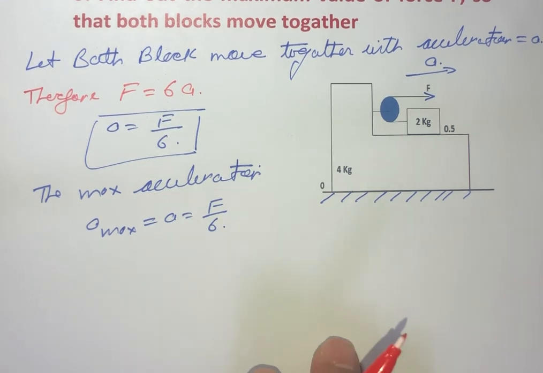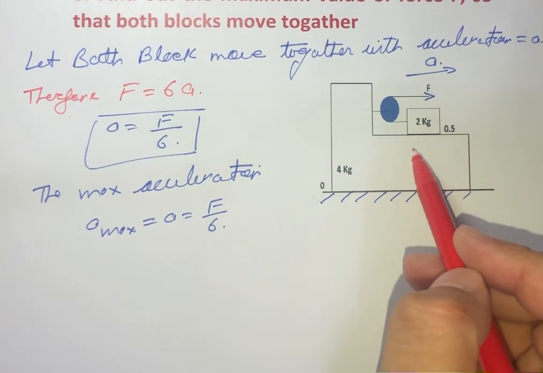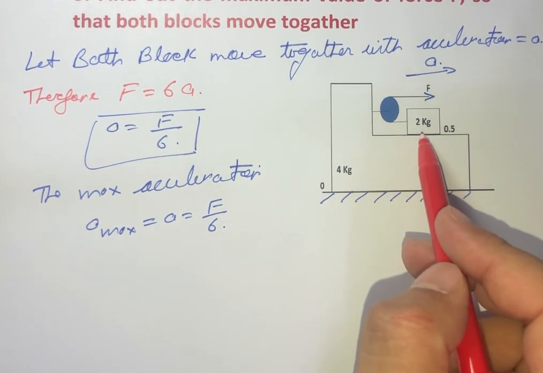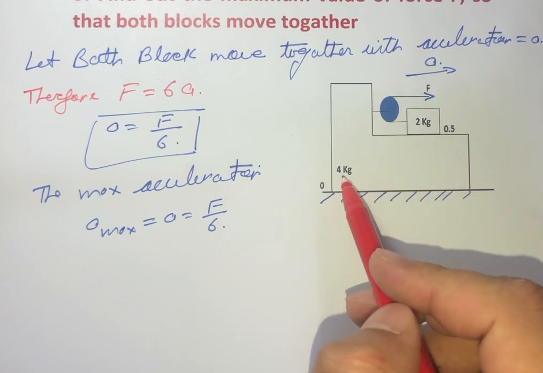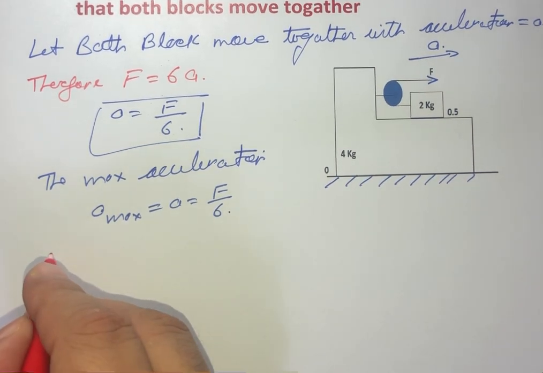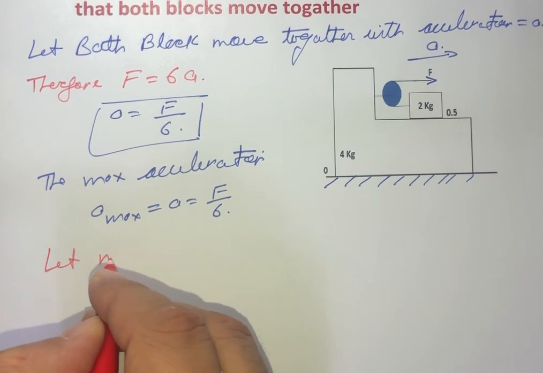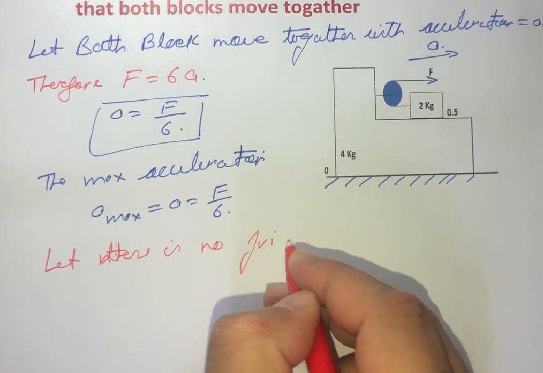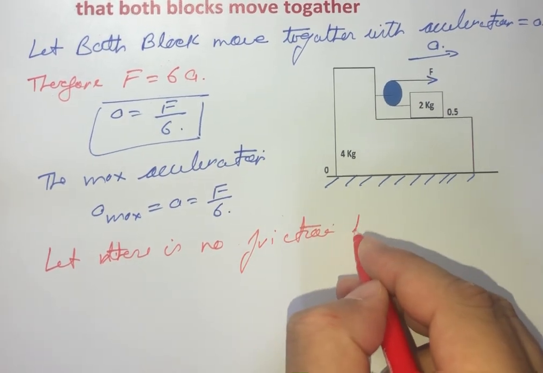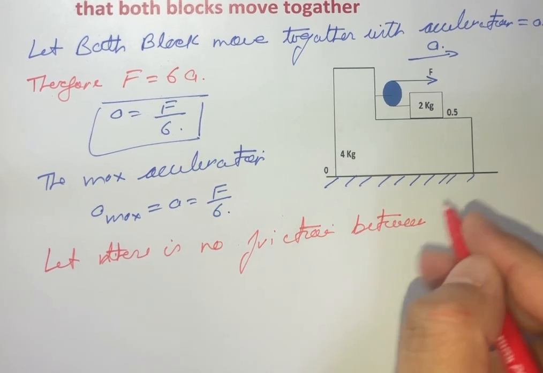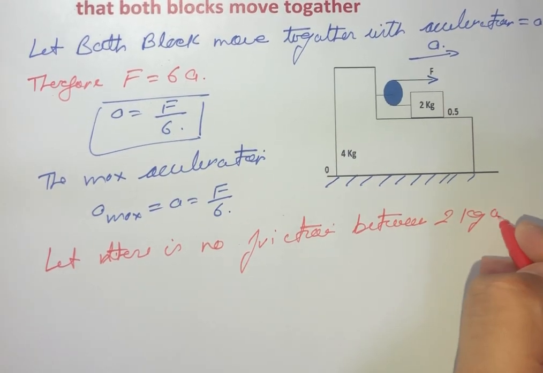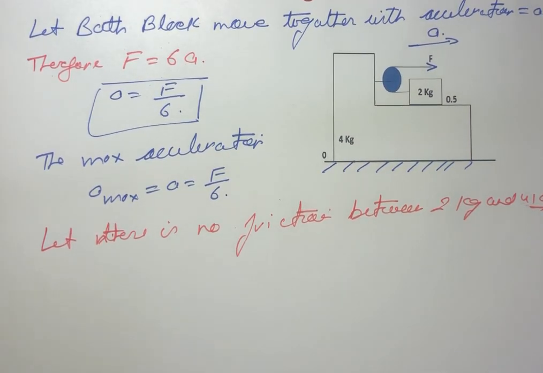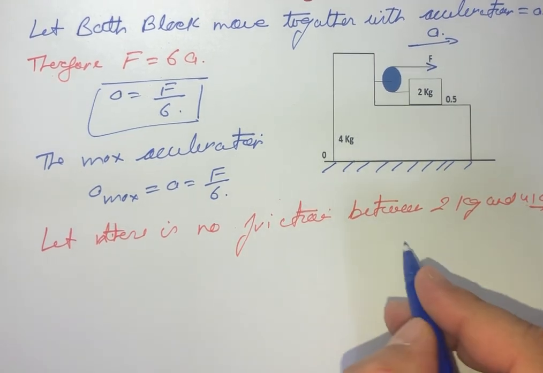So now, as it is a 2-block system, we are going to find out whether this condition is feasible or not. So let there be no friction between 2 kg and 4 kg. Let us draw this.